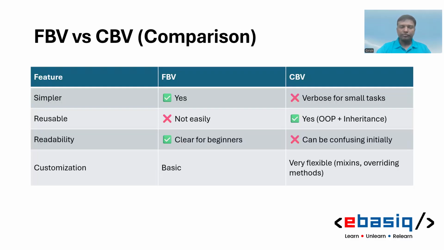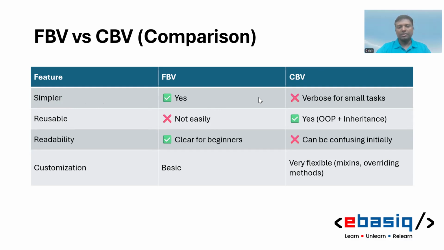Now, if you see the differences between these two, the function-based view and the class-based view. So function-based is very simple, and for small tasks it works well, compared to the class-based one. And reusability wise, function-based view is not that easy, but class-based view is reusable because it uses object-oriented programming and inheritance concepts.